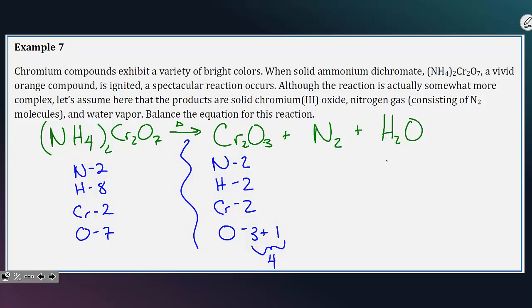The nitrogens are fine, but our hydrogens are a little wonky. So in order to balance our hydrogens, we would need to put a 4 in front of the molecule we find hydrogen in. 2 times 4 will give us the 8 hydrogens we started with, but it's now going to also offset our oxygens. 4 times 1 ends up giving us 4 oxygens in water.